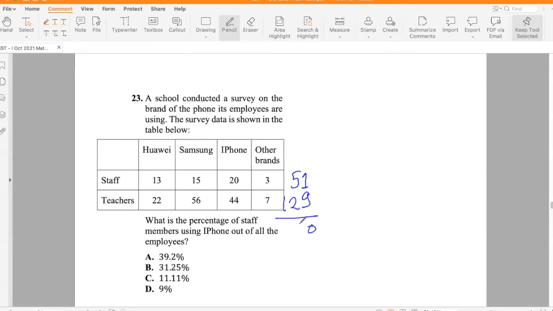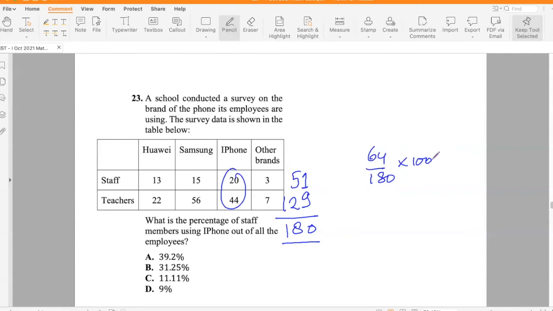Okay, so there are 180 staff members, right? And out of these, how many use iPhone? That's 64. So 64 by 180 into 100. So let's plug that in. So that comes to 35%, I think.